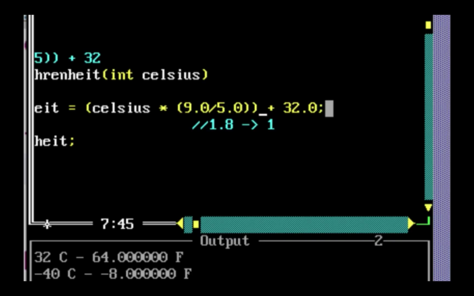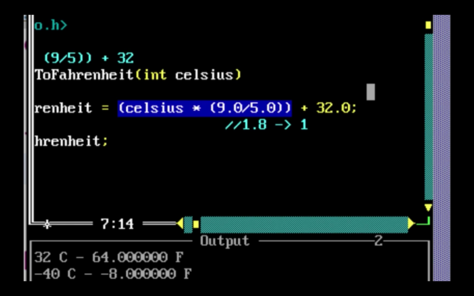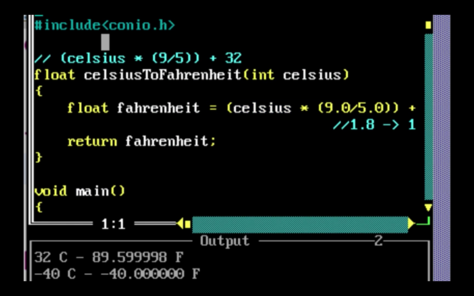Anyway, floating point addition would happen because the result of this would be a float. Even if I leave it at 32, float plus int is a float. That won't be a problem, but just to be safe, in all floating point calculations, it's better to use floats. Okay, let's run the program and check what the output is.